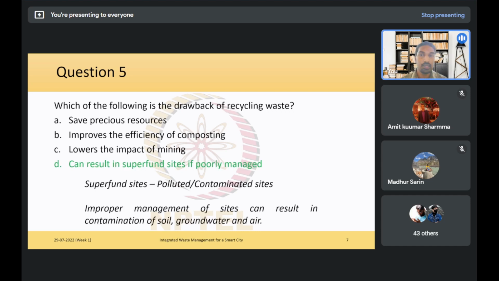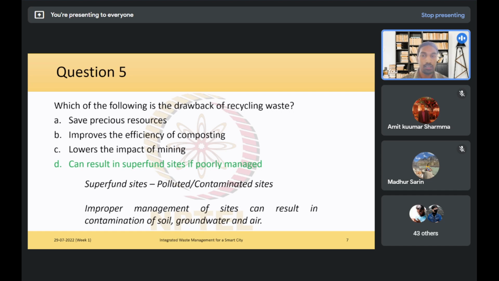So what do we mean by that? What are superfund sites? It's a term used to refer to sites that are polluted or contaminated. If we don't recycle properly, and we leave the waste containing hazardous waste and other contaminants, and we don't handle and recycle them properly, then it leads to contamination of the sites where it is finally dumped, right?